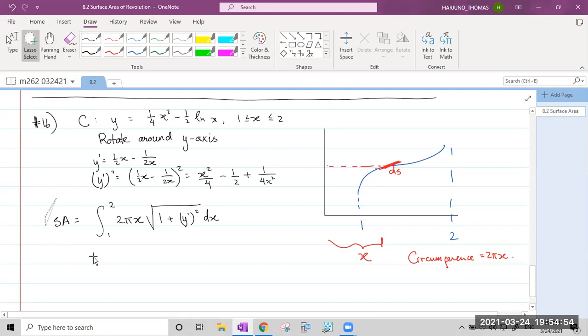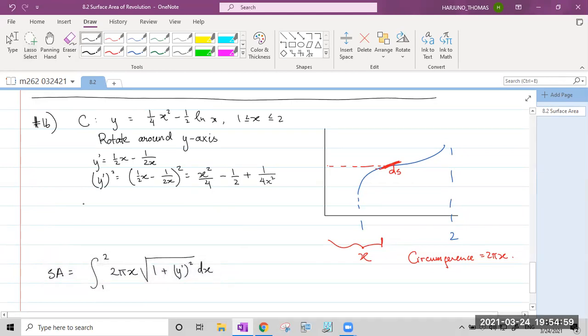Now then, if I add 1, yeah, don't rush into the integral. There'll be 1 plus that expression. But that's basically x squared over 4 plus 1/2 plus 1 over 4x squared, which can be rewritten as x over 2 plus 1 over 2x, squared.